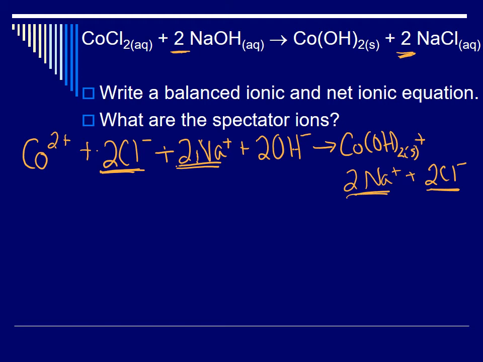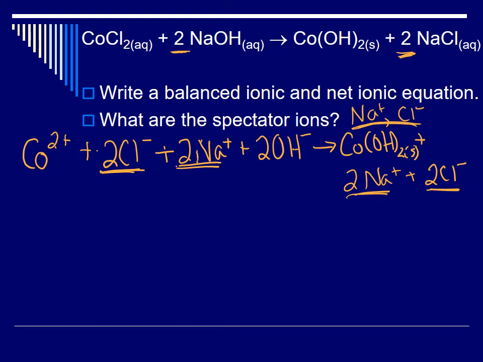The things that are exactly the same on both sides, we call those spectator ions. So in this case, my Na plus and my Cl minus are the spectator ions. They kind of watch what's going on, but they don't actually participate.